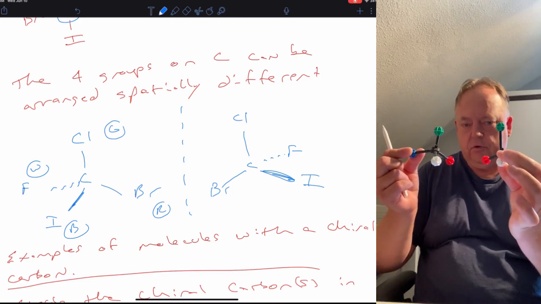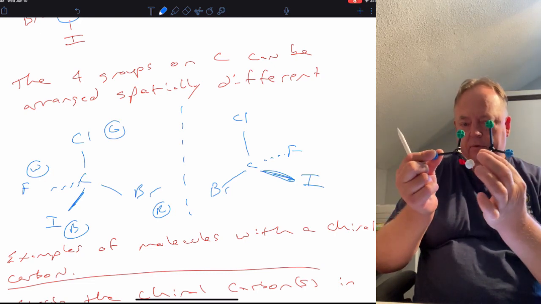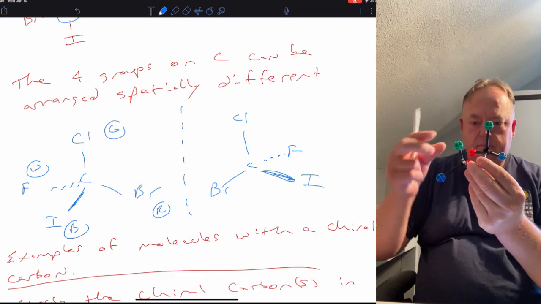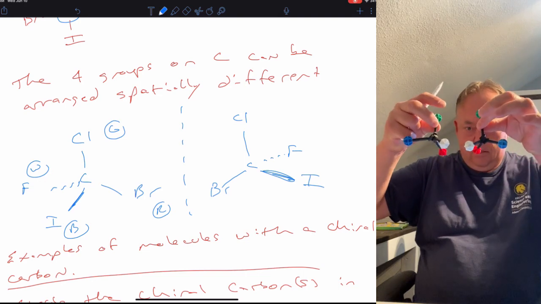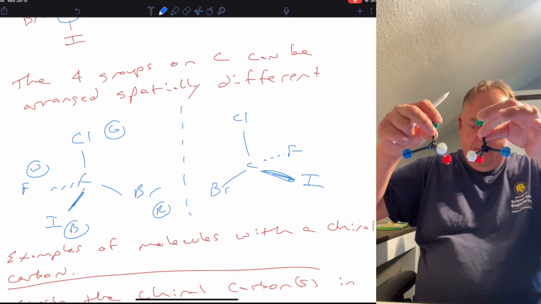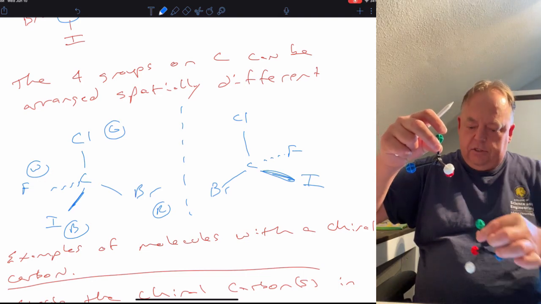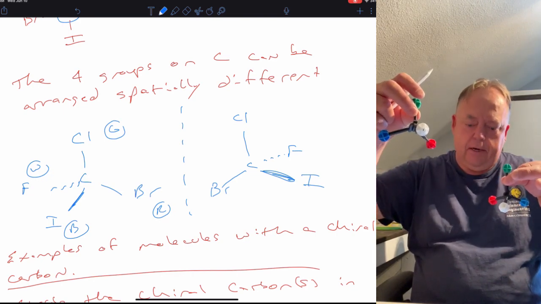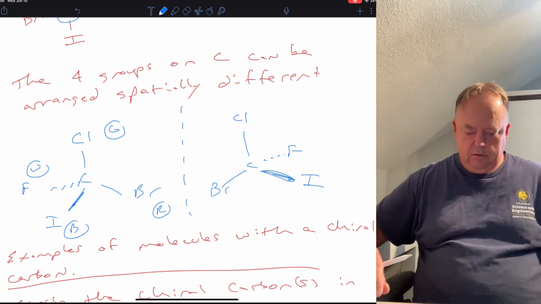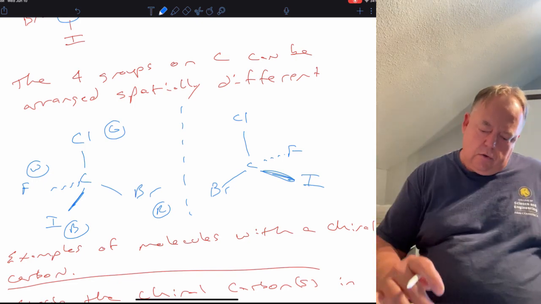The green reflects to green, the red reflects to red, the white reflects to white, and then the blue reflects to blue. And so then this would match. So if this matches the molecule on the left, then this matches the molecule on my right. Okay.